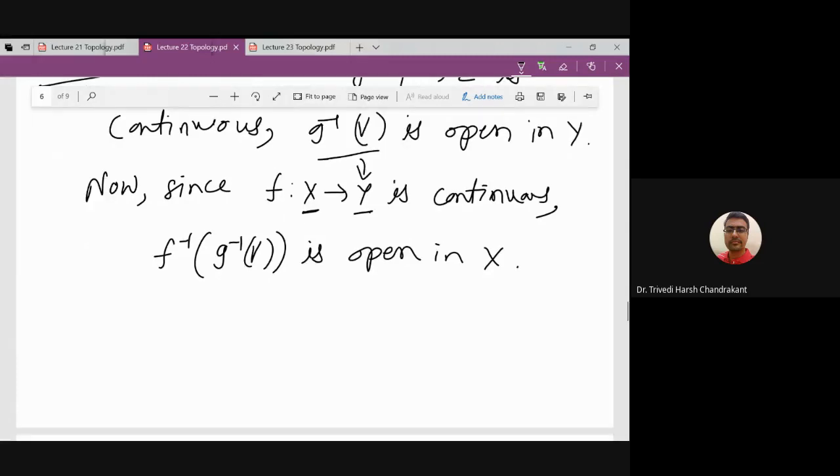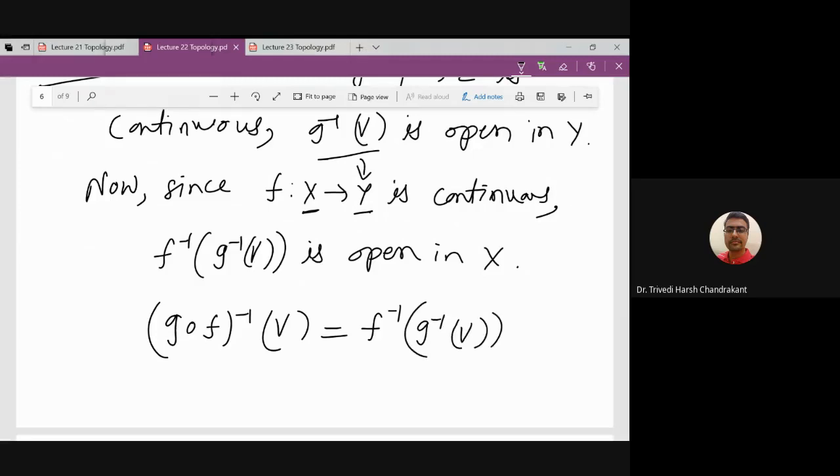So now we are done, because we know that (g composition f) inverse V is the same as f inverse of g inverse V by set theory.